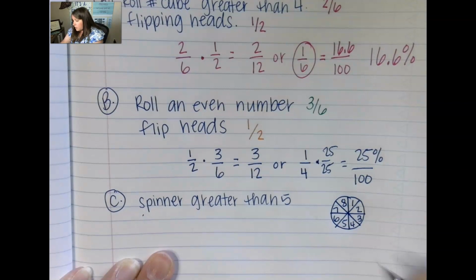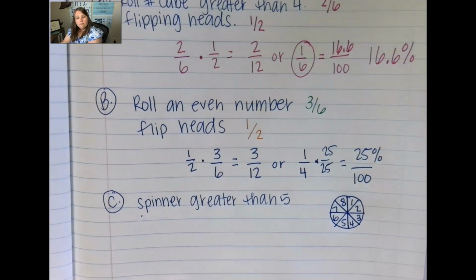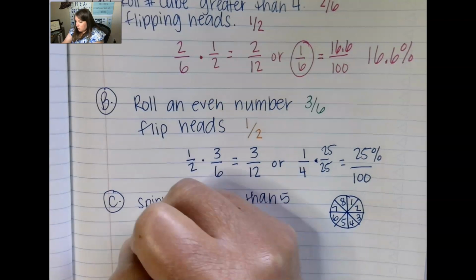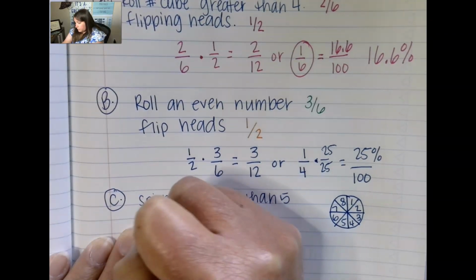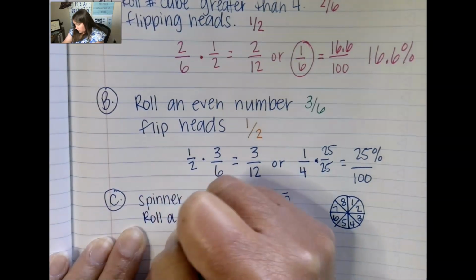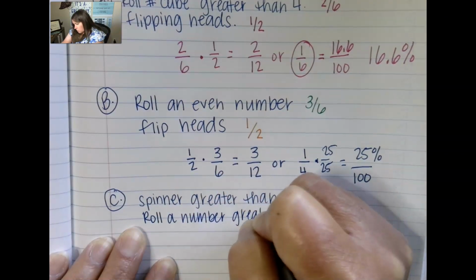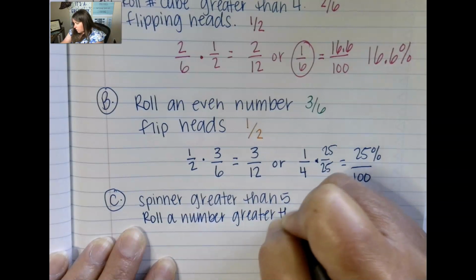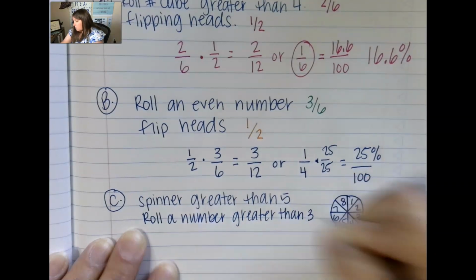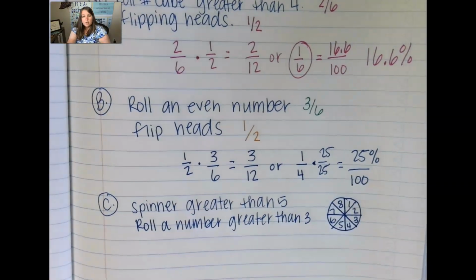So there's your spinner. You want the ones that are greater than 5.